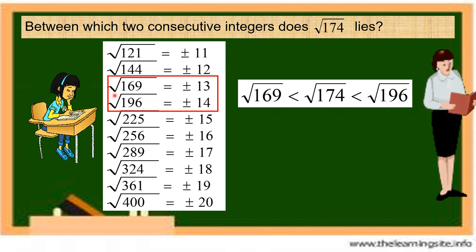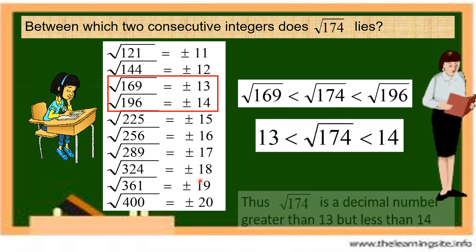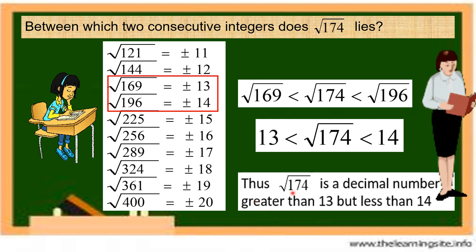What is the square root of 169? The answer is 13. How about the square root of 196? The answer is 14. Thus, the square root of 174 is a decimal number greater than 13 but less than 14.